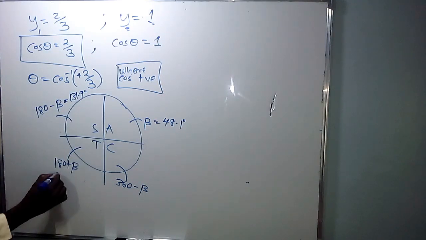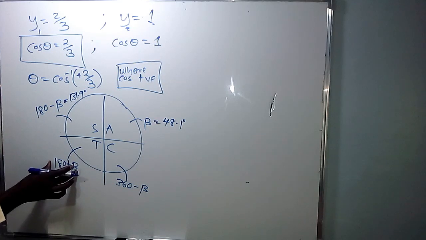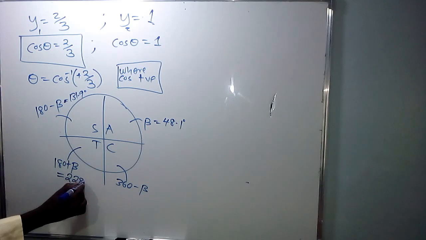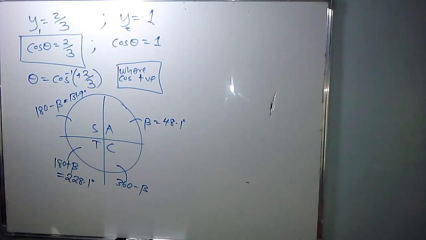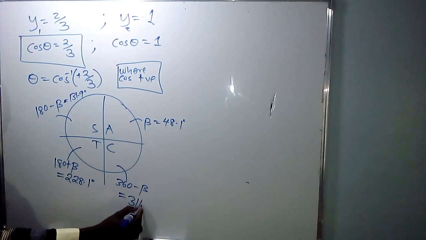In the third quadrant, 180 plus 48.1 degrees, you get 228.1 degrees. Then in the fourth quadrant, 360 minus 48.1 degrees, you get 311.9 degrees.